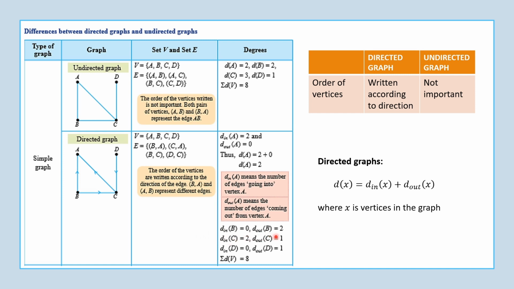But D out B is equal to 2 because we have B going out to C and B going out to A.